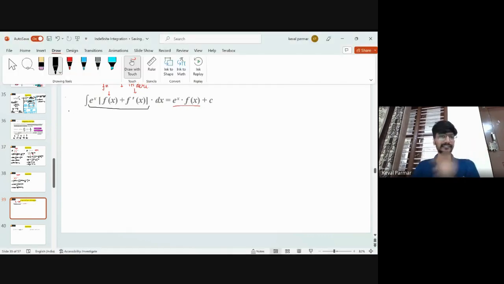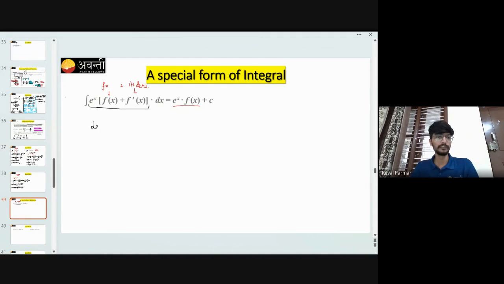Now, let's look at the proof. The proof is very simple. We use substitution. So let e raised to x f of x be equal to t. Now, if I differentiate with respect to x, here I need to use the UV rule.